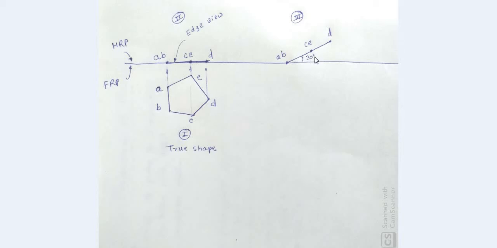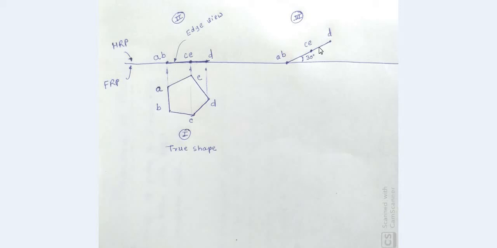The important thing you have to note here is that we are not changing the dimensions of the edge view. As it is, we are inclining the edge view with the given angle with HRP. This would be the third step. This is the front view as per the requirement, the front view as per the condition with respect to HRP.